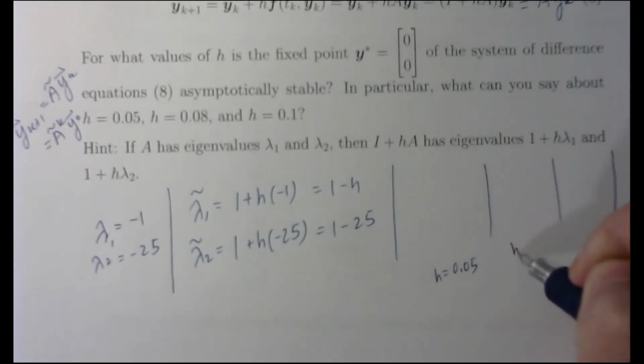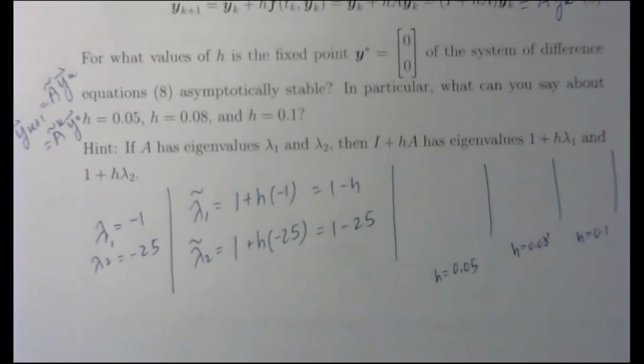If I have h is 0.05, h is 0.08, and h is 0.1, I'm just going to do it really quick in MATLAB, and I'll write it down instead of showing you, if that's okay.